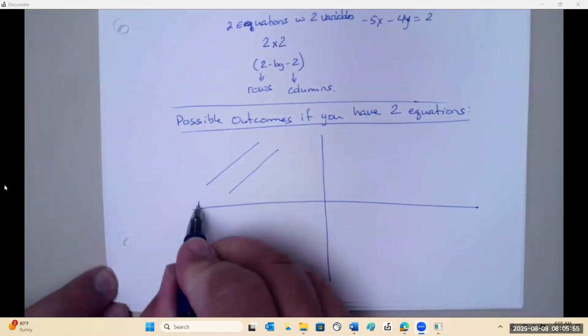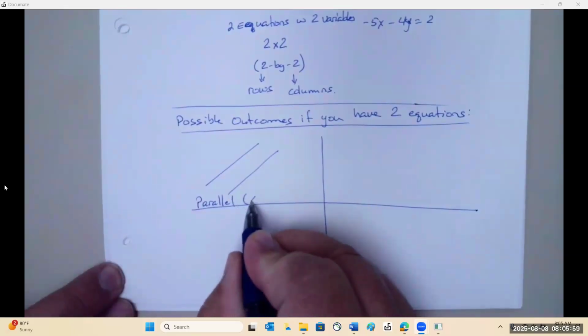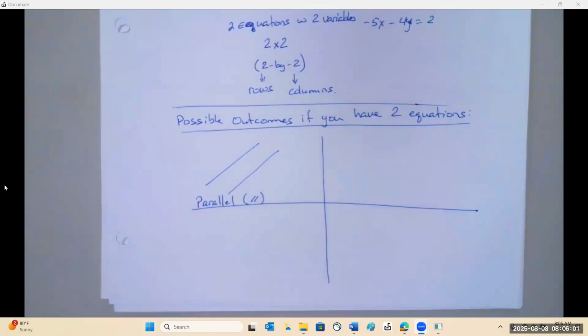They're called parallel. And we just use that symbol to describe them. How many solutions do we have? What's a solution when we have systems?